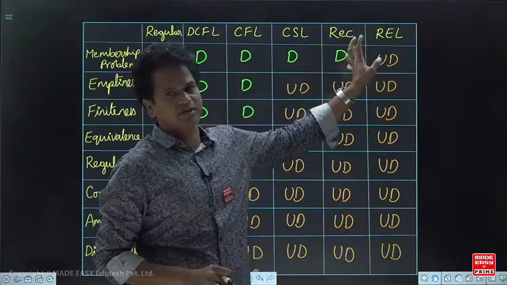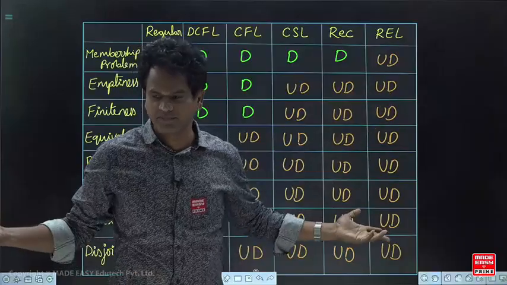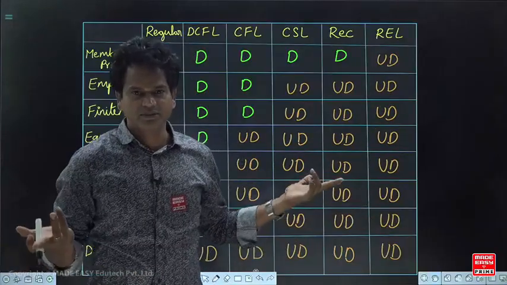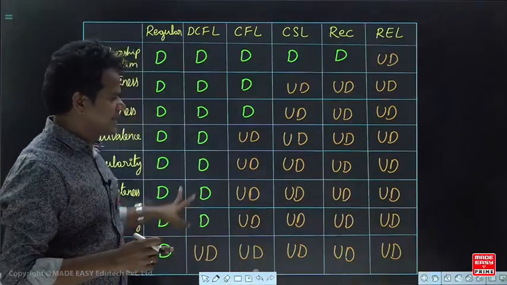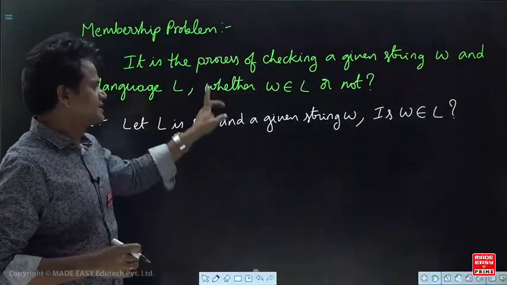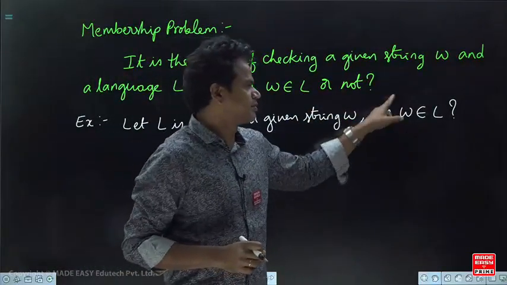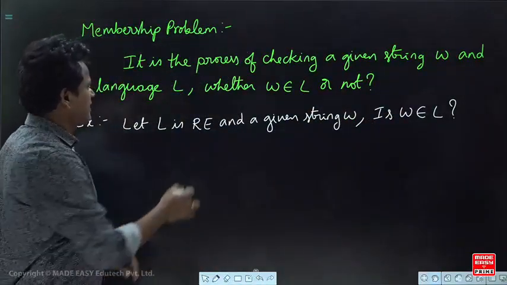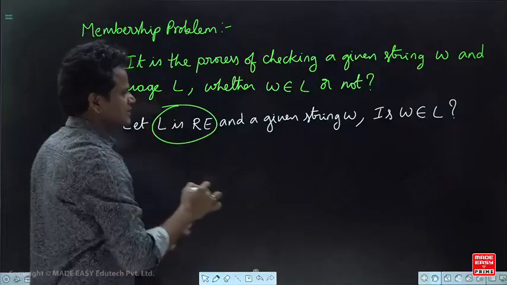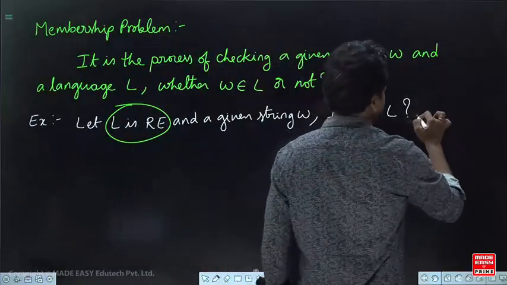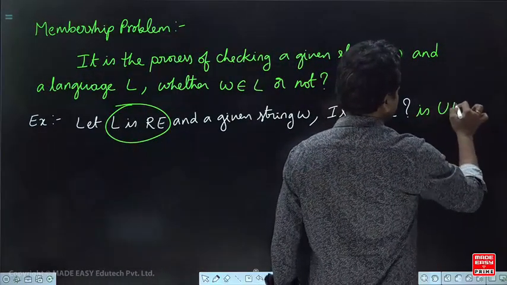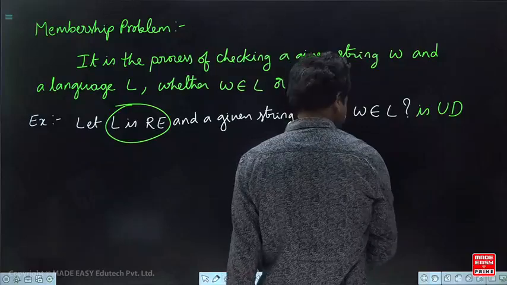RE membership problem is undecidable. Solved. How easy! You understand? If you can identify that this comes under membership problem, membership problem of RE is undecidable. So this is undecidable. You understand, guys?